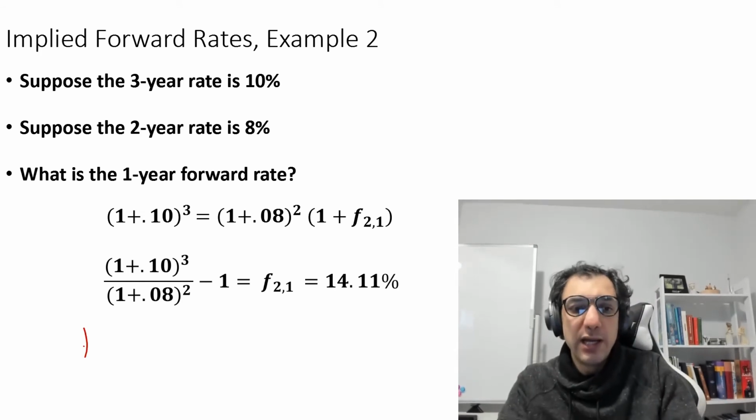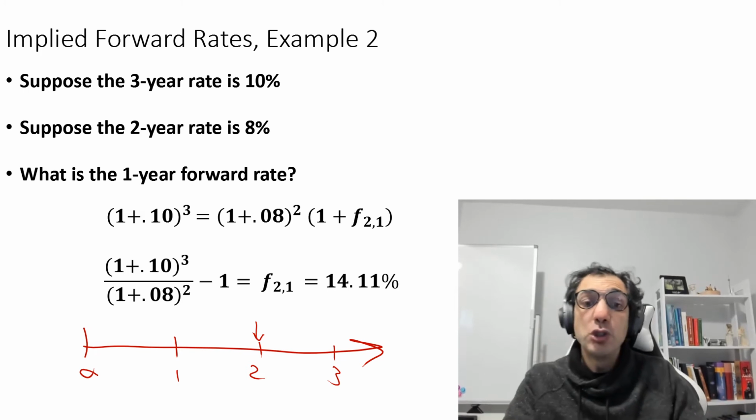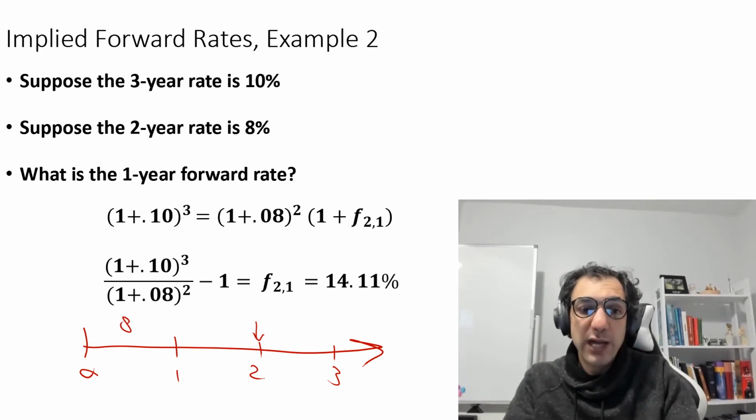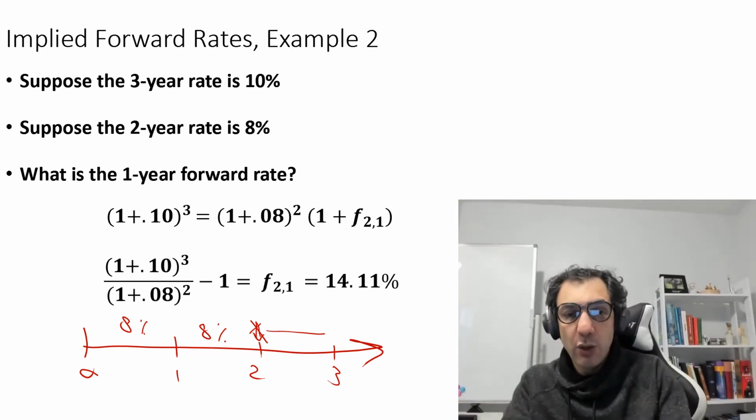If you go with the timeline, you see it's year 0, year 1, year 2, year 3. So you have the 2-year rate of 8%. So 8% is here, 8% is here. The goal here is to find the forward rate 2 years from now for the next 1 year.